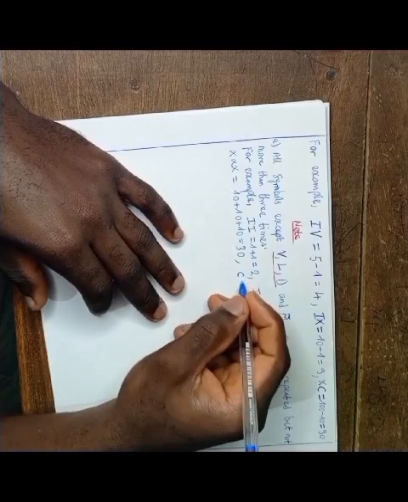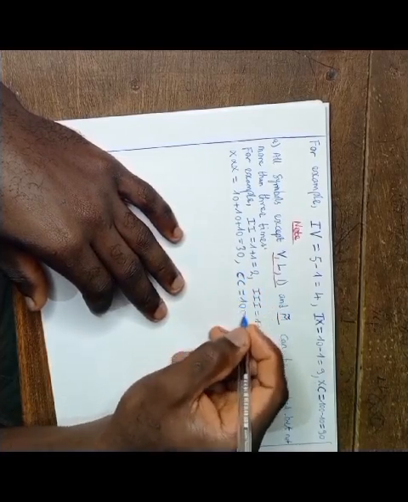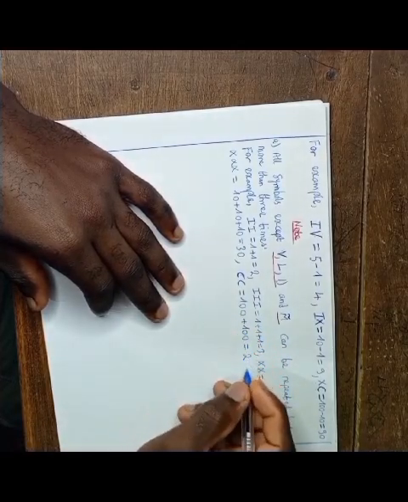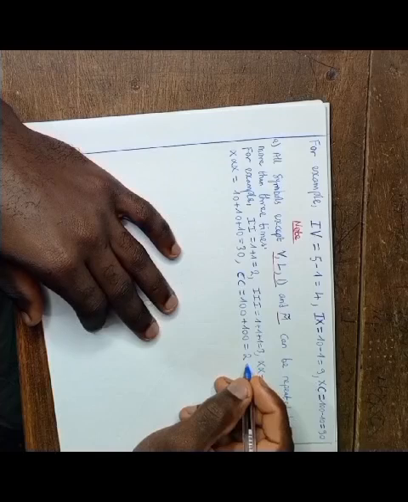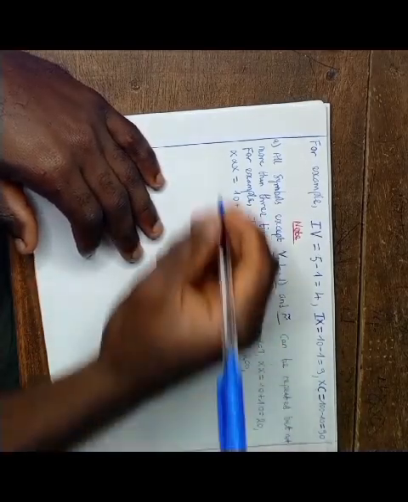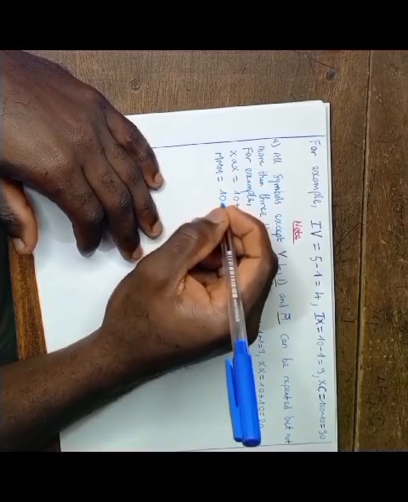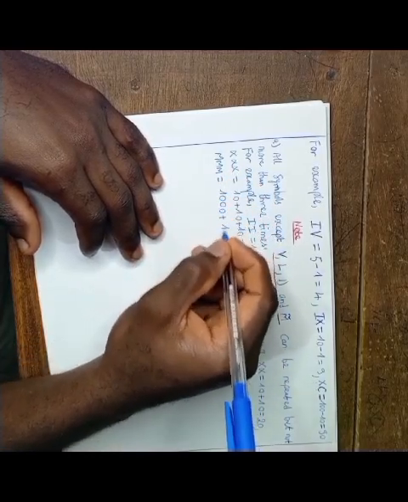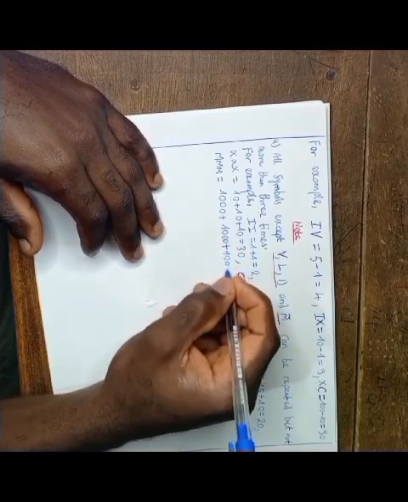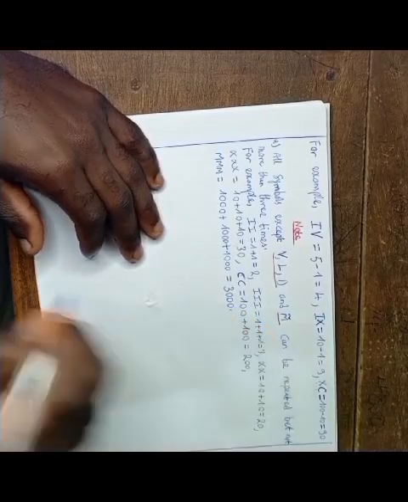Next, C gives us 100 plus 100, which is 200. And lastly, if we take M, it gives us 1000 plus 1000 plus 1000, which is 3000.